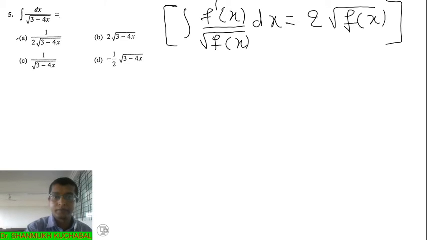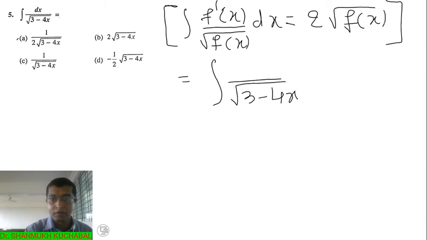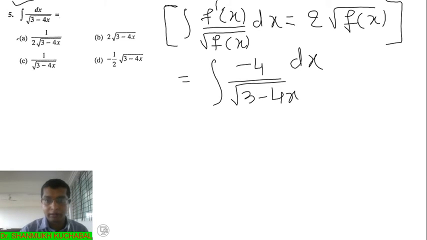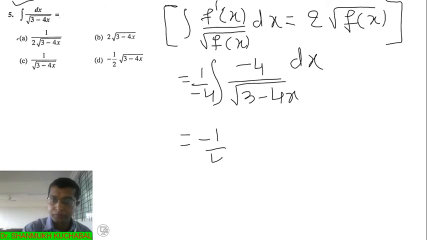Further, integration of root of 3 minus 4x, dx. Differentiation of 3 is 0, minus 4, and x differentiation is 1. In the earlier example it was 1, but here it is minus 4. Minus 4 is extra, so we balance it by dividing by minus 4, so minus 1 upon 4.